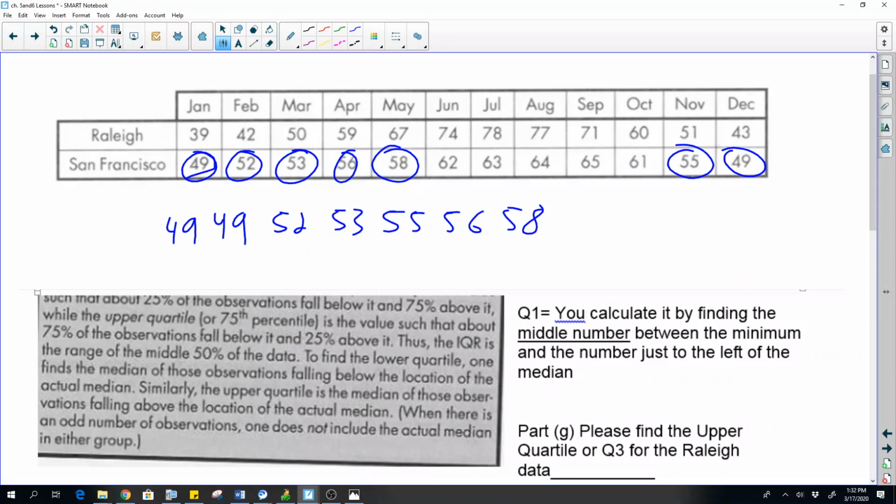Okay, after 58, what do we have left? 61, 62, 63, 64, 65. So 1, 2, 3, 4, 5, 6, 7, 8, 9, 10, 11, 12. Those are our 12 numbers there.